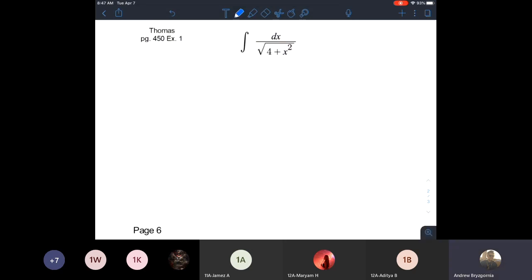So again, looking at the denominator, I know that I'm wanting that to be in the form a squared plus u squared. And more specifically, it is 2 squared plus x quantity squared. So then I know, okay, there's my a, there's my u.